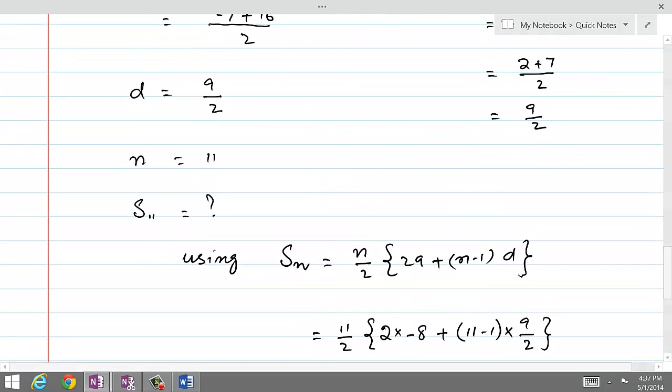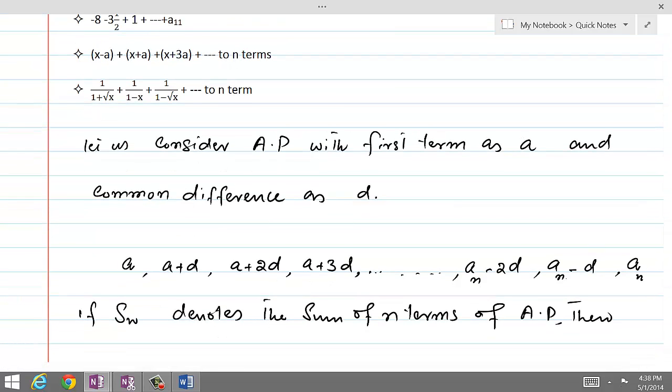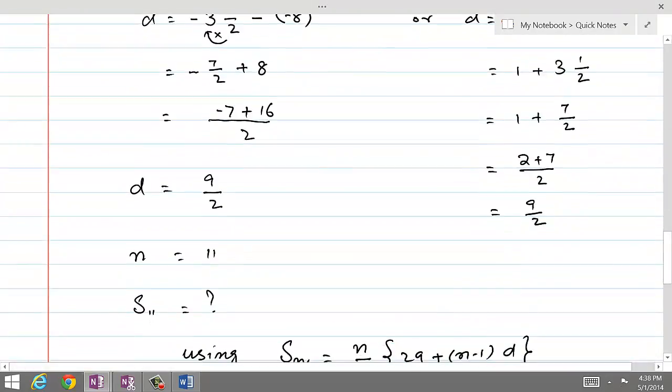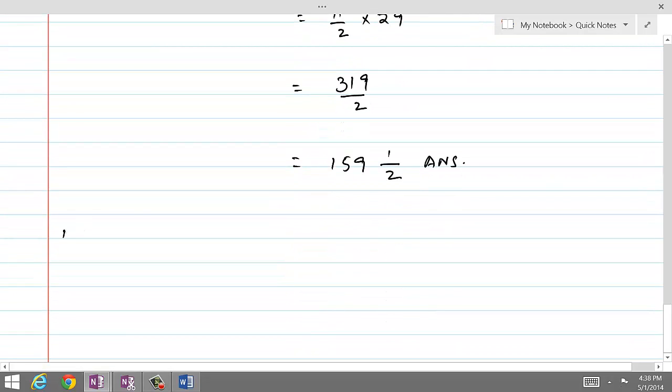Let's take a look at the second question, for which we are required to find the sum. The series given is x minus a, x plus a, and x plus 3a, and so on up to n terms. So what is the first term? The first term for example 2, a, is given, this is equal to x minus a, and d is something that we can calculate.